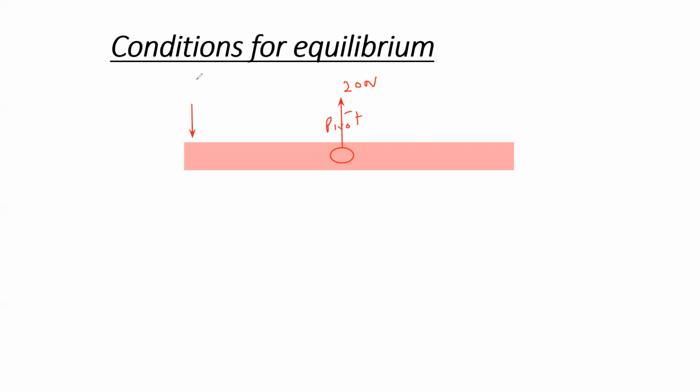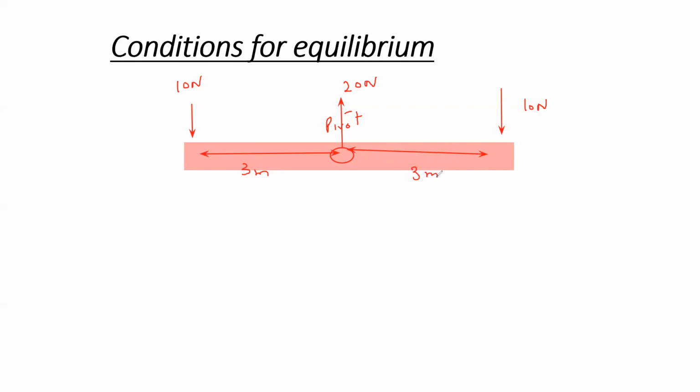There is a force of 10 newton from the left hand side, and a force of 10 newton from the right hand side. The distance between the pivot and each force is equal to 3 meters on both sides.